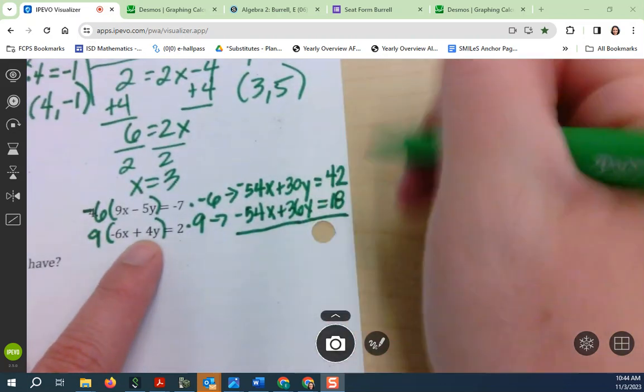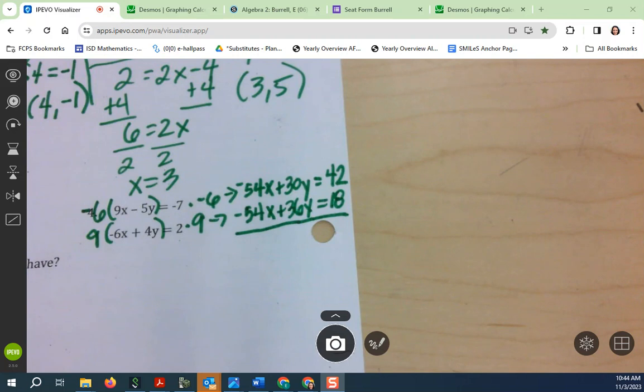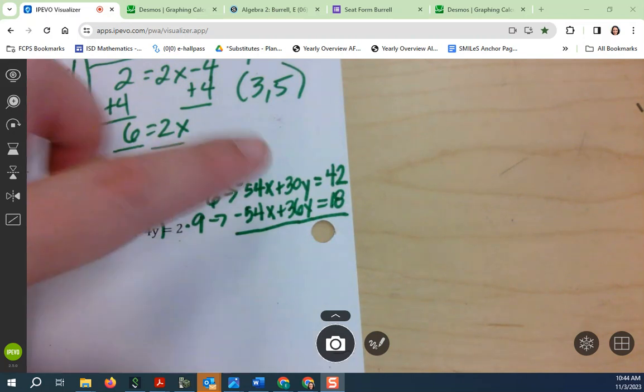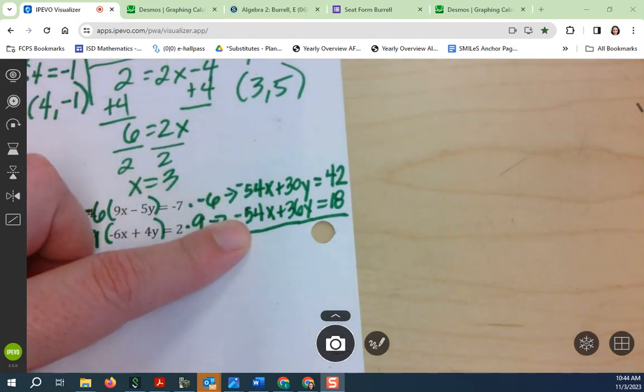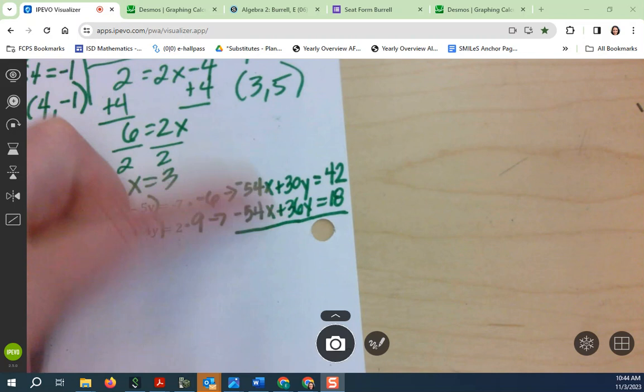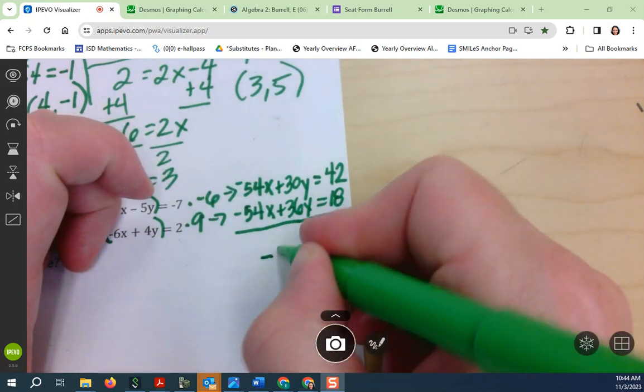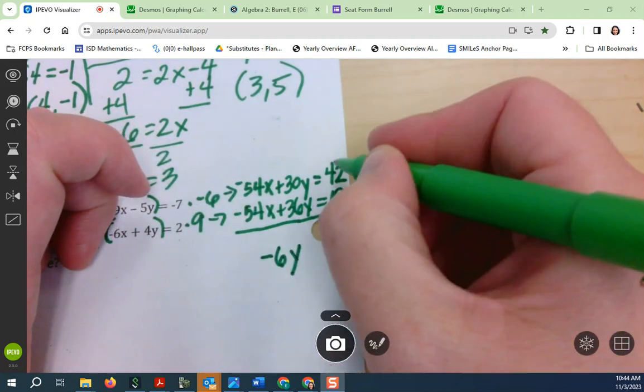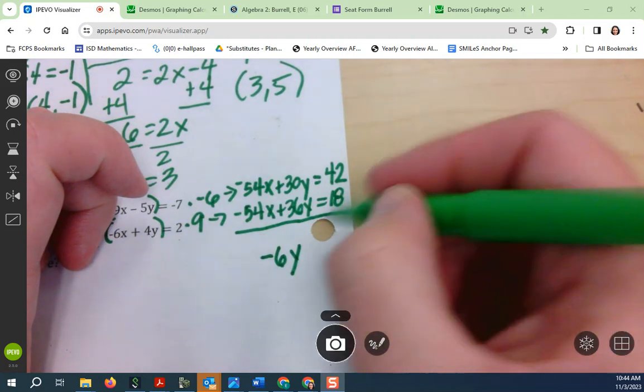All right, so adding them together won't cancel it out because that's going to give me negative 108x, but I can subtract them. So if I subtract these, that will cancel. And then I subtract these, I get negative 6y. And if I subtract these, I get 24.